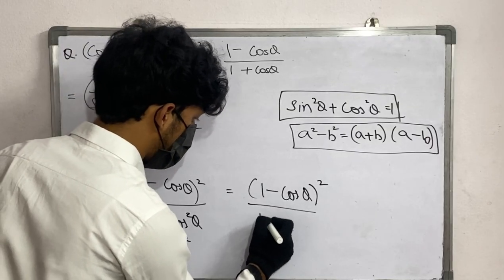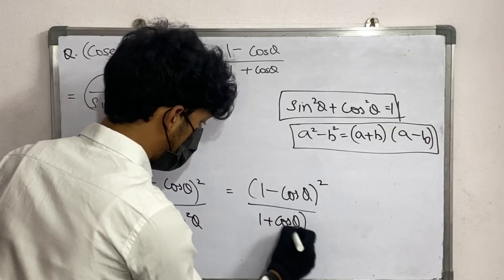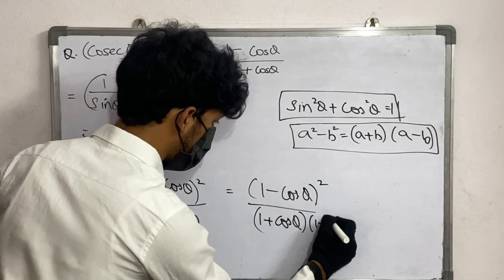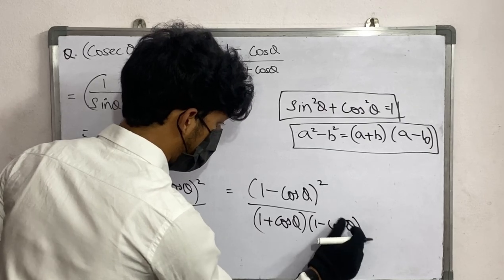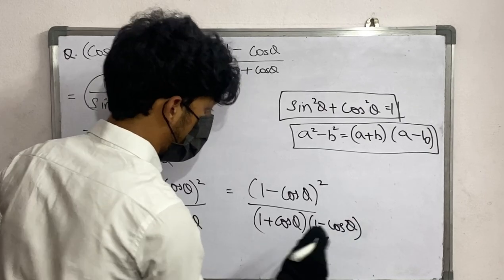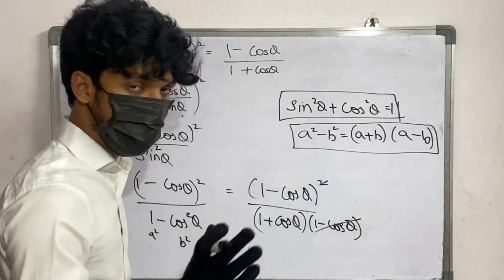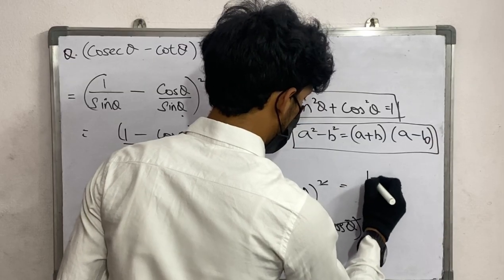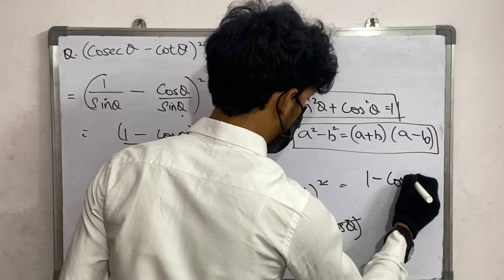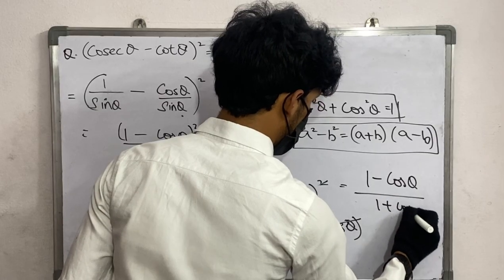So 1 square minus cos square theta gives (1 plus cos theta) and (1 minus cos theta). This (1 minus cos theta) cancels, and we have the value as (1 minus cos theta) by (1 plus cos theta).